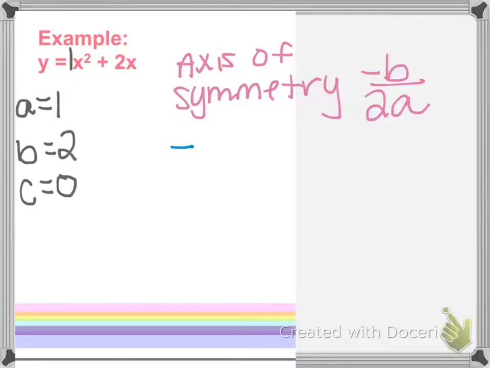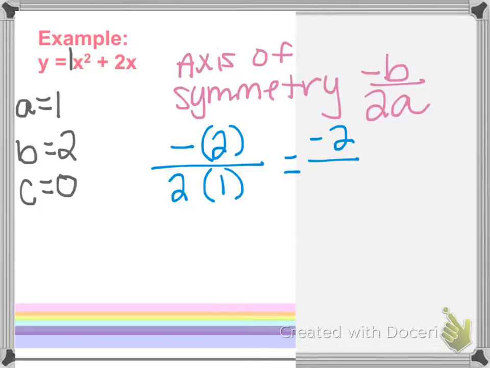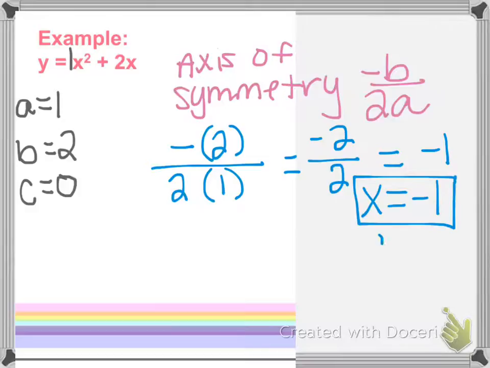So negative is part of the formula, parentheses, b is 2 over 2, parentheses, a is 1. That's -2 over 2 times 1, which is 2. Divide it out and get -1. So x equals -1. That's my axis of symmetry. That's the first answer I need.